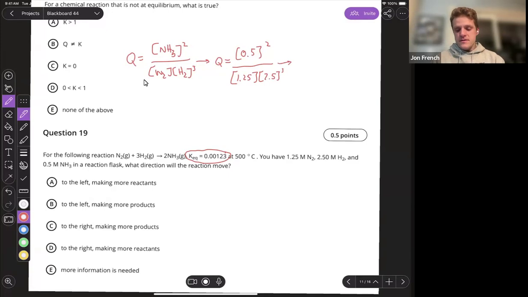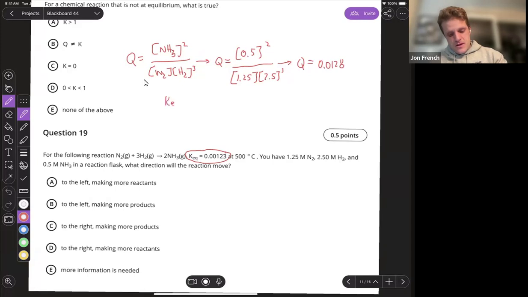So square that and then divide that by, let's see, 2.5 cubed times 1.25. And I get a Q of 0.0128. So what does that tell us, right?